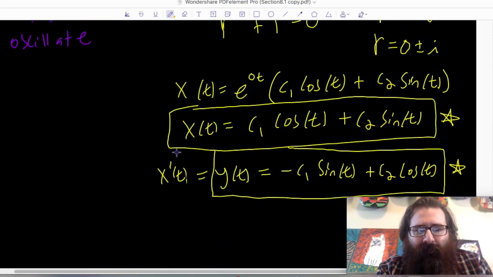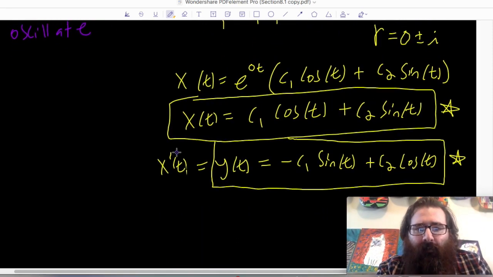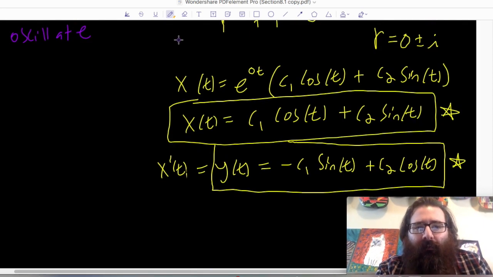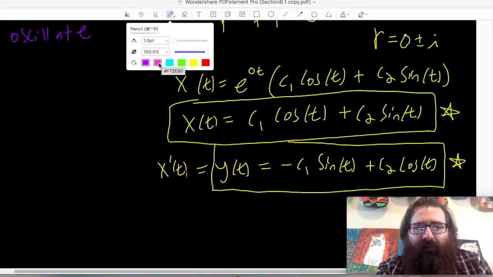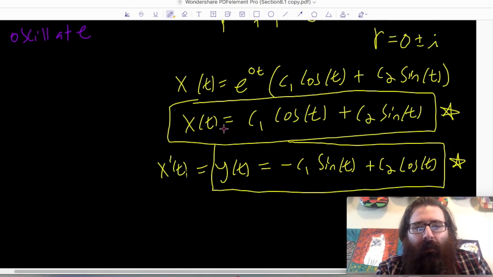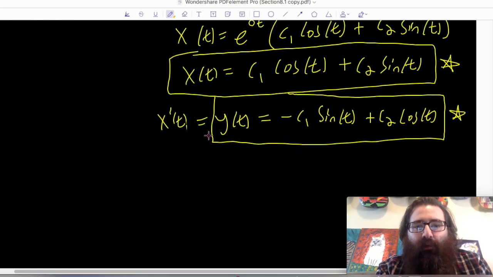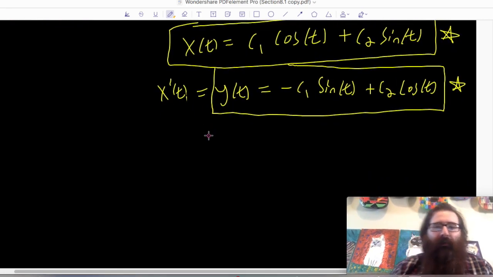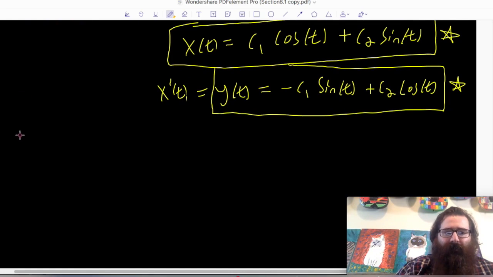And maybe that's a bit of a hint as to what the behavior is here. But we can also see what the situation is like if we eliminate some parameters and build a relationship between x and y. This is a little tricky to see at first if you haven't done it before, but a great trick when dealing with cosines and sines is to square x and square y and add those two together.